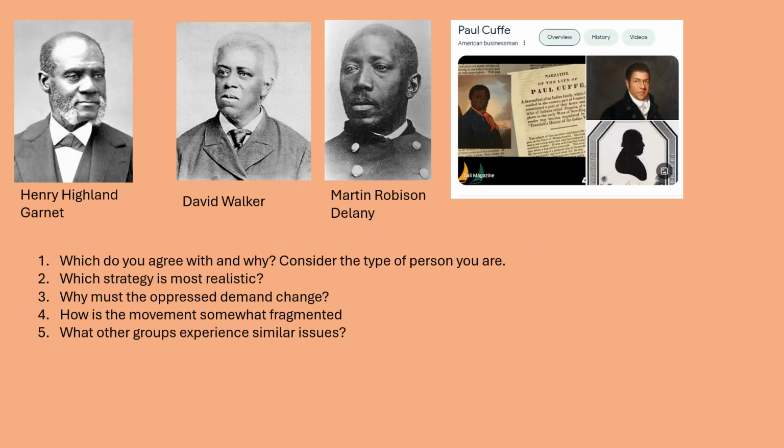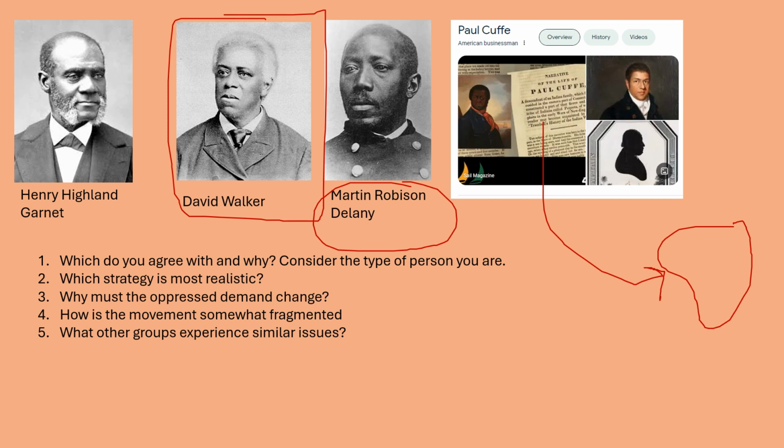So just to recap, we have Paul Cuffe, whose argument was, let's just go back to Africa. We have the black nationalist strategist, moral suasion, and of course the individual who tried to rally the slaves or give them some form of collective consciousness about their circumstances.